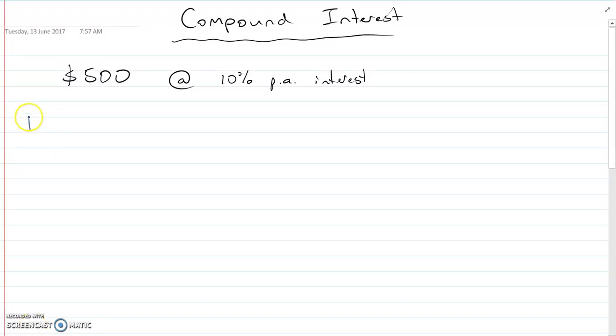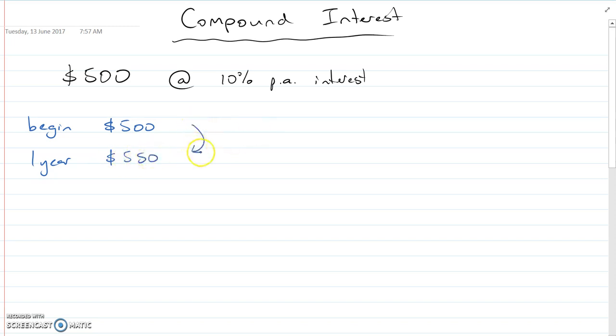Alright, compound interest. Let's look at this example from the last video again. If we start with $500, after 1 year we've earned 10%, so we've got $550.